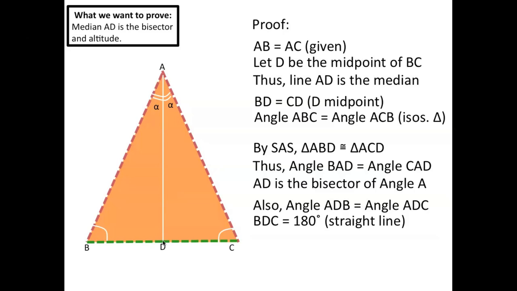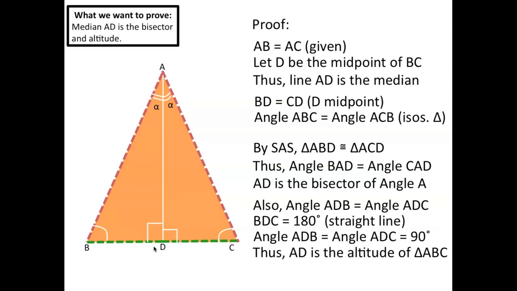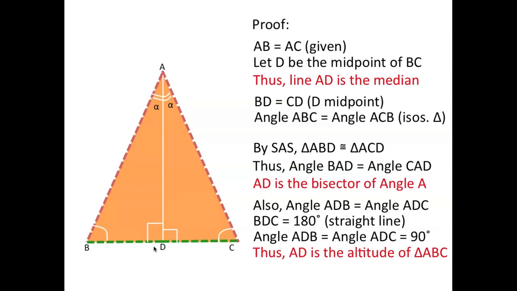So the only way this angle and this angle can be equal and also add up to a 180 degree straight line is if they're both 90 degrees. So since we have two 90 degree angles here, that proves that line AD is the altitude of ABC. Thus, that shows that in an isosceles triangle, the median, the bisector, and the altitude lie on the same line.